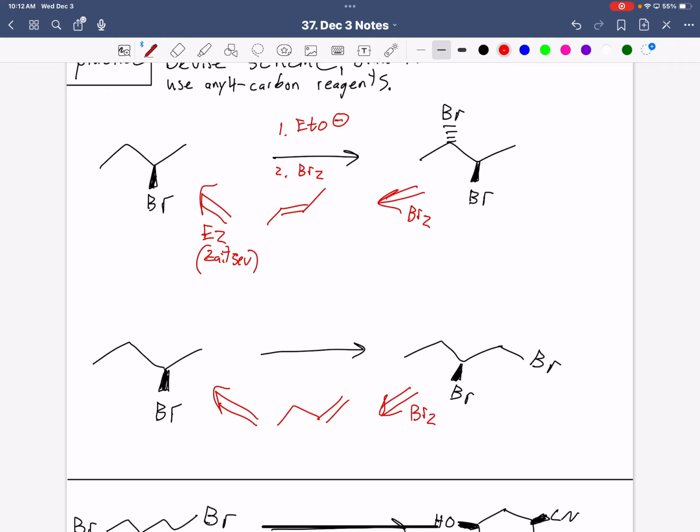I can get that alkene through an E2. I just need to make sure to use a base that gives me the Hofmann product. So I've been writing K a lot, but that's really just tert-butoxide. I just need to use a bulky base to get me the less substituted alkene. And Br2 again.